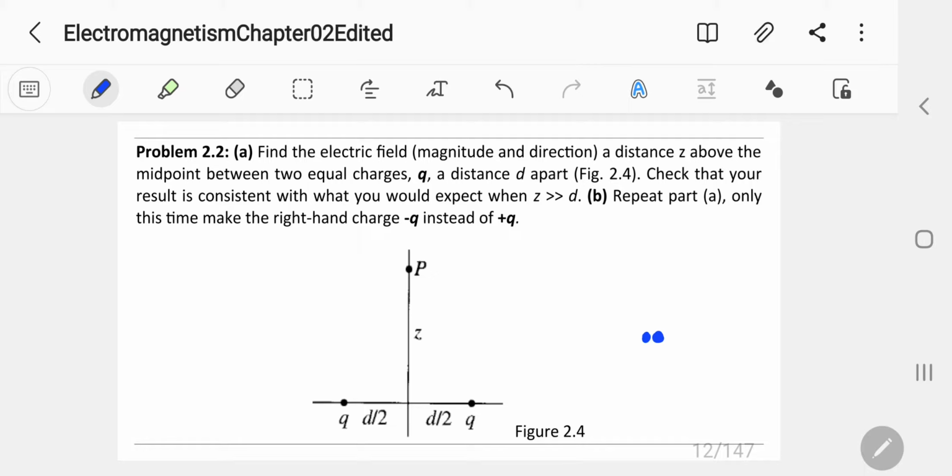So if P is very far, it would look at the two charges as just a single charge, and the total charge would be 2Q, and the point would be here if it's really far. But if this one is negative, then the total charge here would be 0.